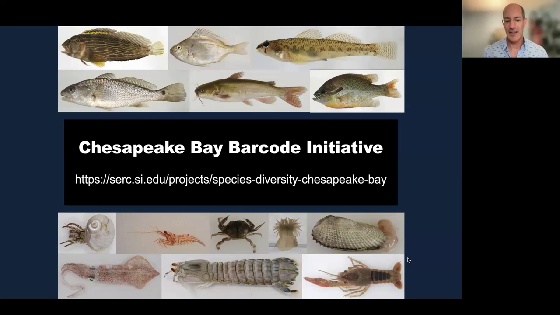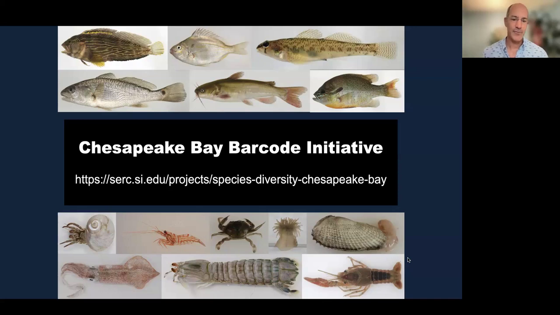Unfortunately, most fish and invertebrates that live in the bay, so fish at the top, invertebrates at the bottom here, are preserved in formalin, which is a type of formaldehyde, and it degrades DNA very quickly. So they have essentially no useful DNA in them whatsoever if you go to museum collections.